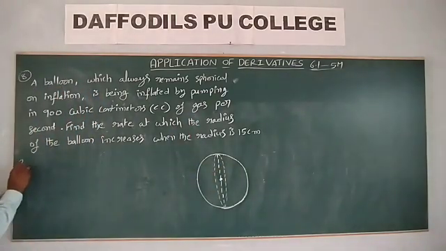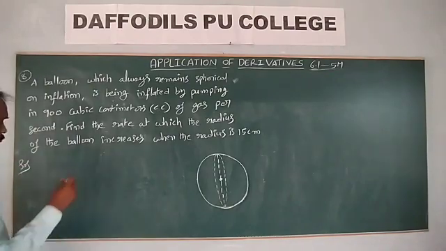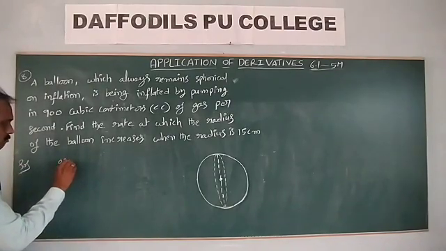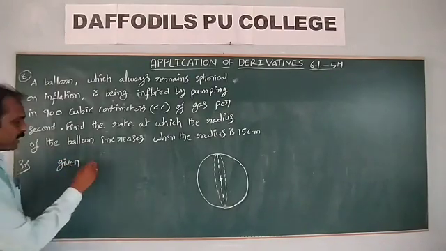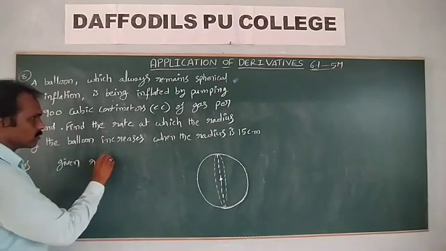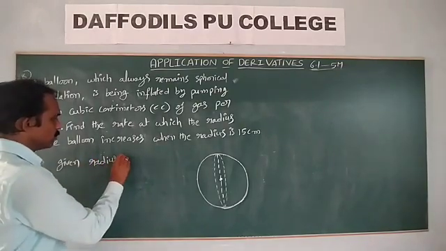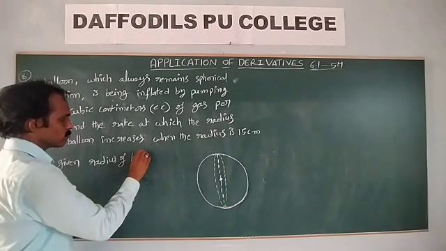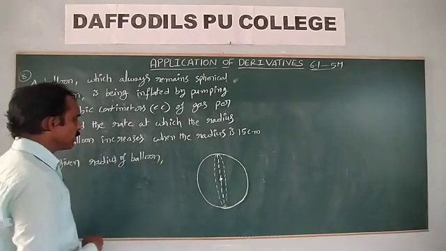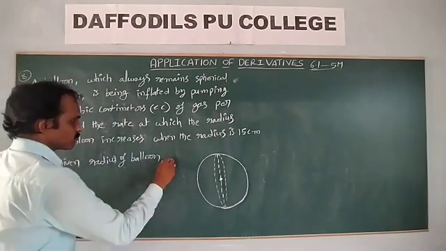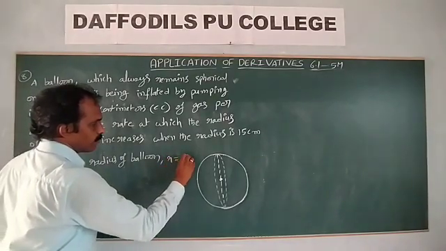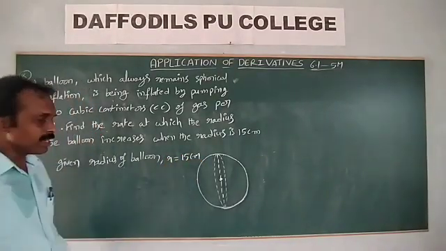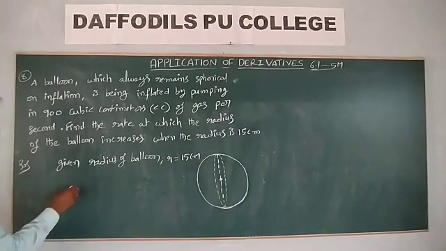First of all, given: the radius of the balloon, which is a sphere, is equal to 15 centimeters.